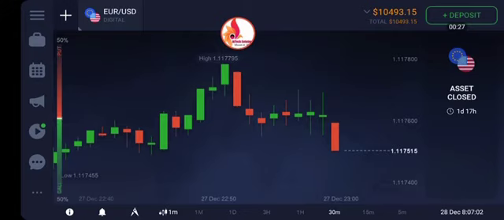For binary options, we deal with short time, so 1 minute, 2 minutes, 5 minutes, thereabout. Unlike Forex, where you may open a trade and wait the whole day or even a week for the price to get hit. All right, so let's set our indicators.